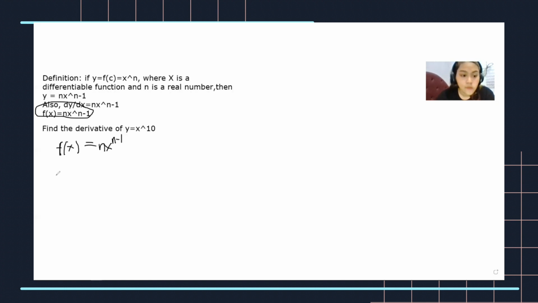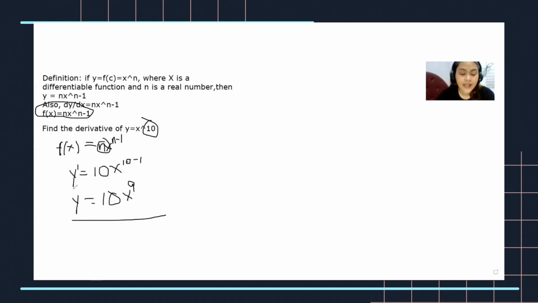So y prime is equal to, this one is n, then n minus 1. x, 10 minus 1 is equal to 9.